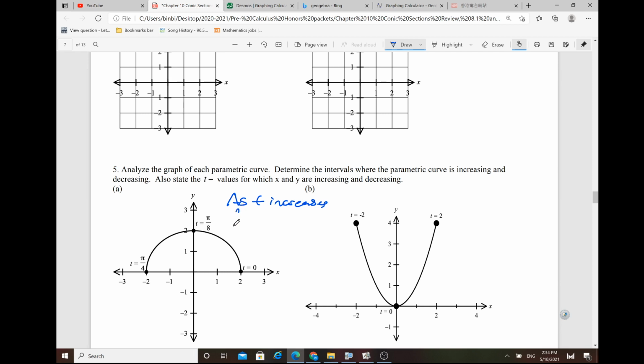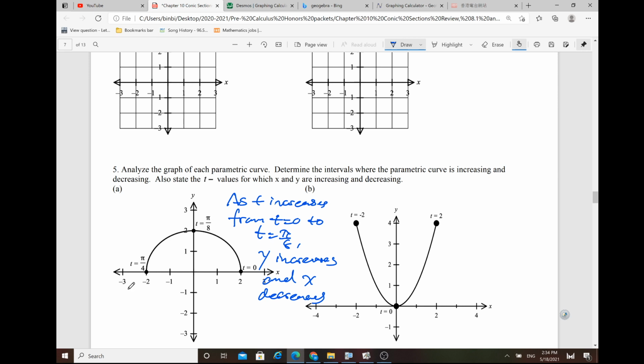So the way to describe it: as t increases from t equals 0 to t equals pi over 8, y increases and x decreases, like that. And then you want to describe what's happening from pi over 8 to pi over 4.